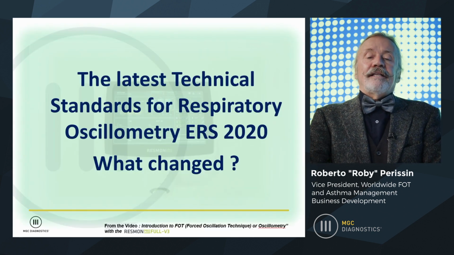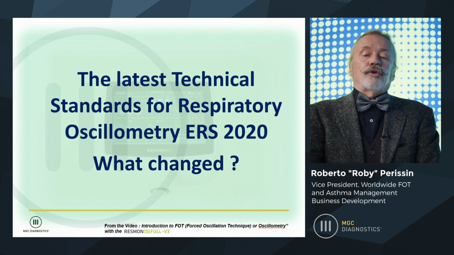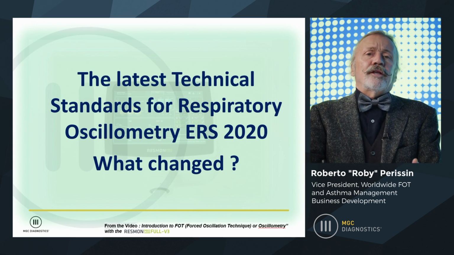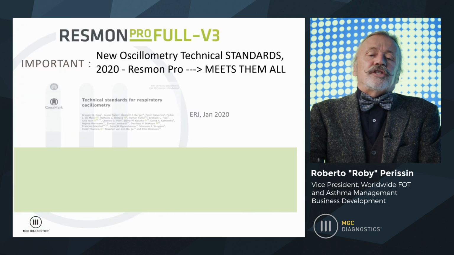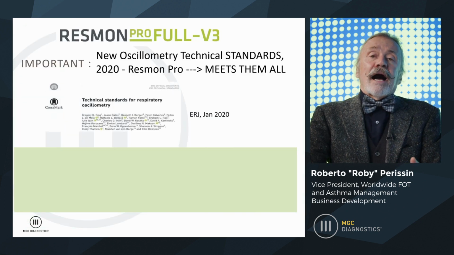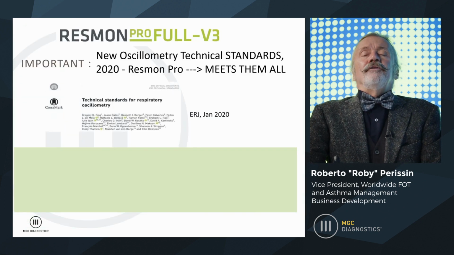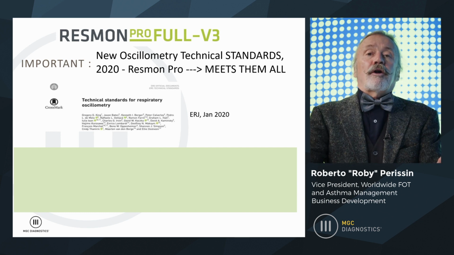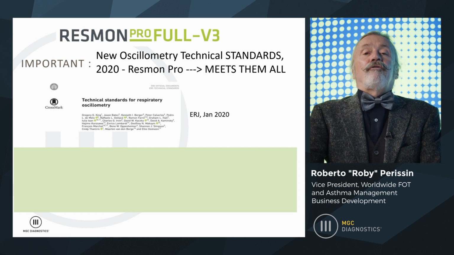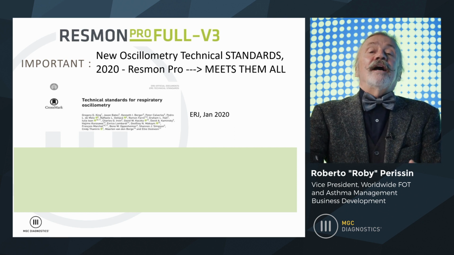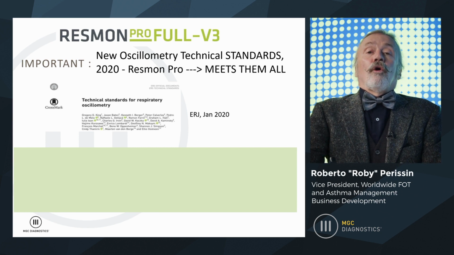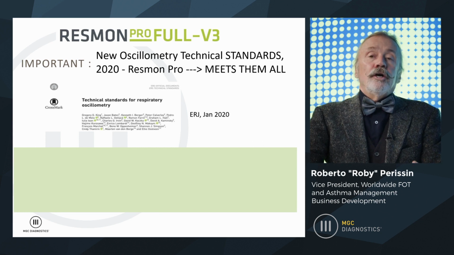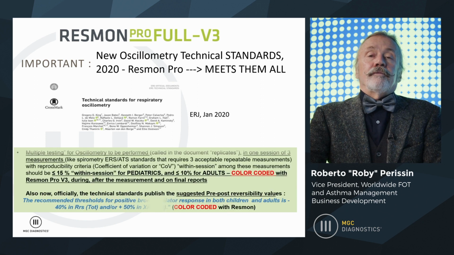Let's now talk about the latest technical standards for respiratory oscillometry in 2020. What changed after that? Well, that was a milestone because the technical standards brought oscillometry to the same level as spirometry. As spirometry needs 3 repeatable forced maneuvers, oscillometry requires 3 repeatable oscillometries, which are much easier to measure.